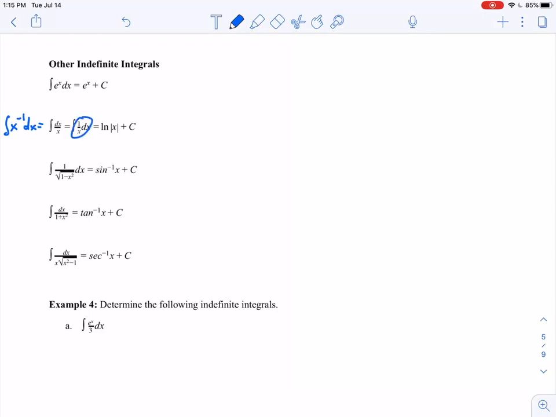So we're beginning with 1 over x, which has a domain of all real numbers except for 0. If you look at natural log without the absolute value, if you were just to say natural log of x, we can't take the natural log of a negative number. So we want to expand our domain to account for that.